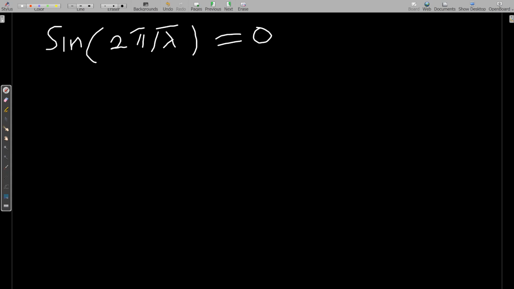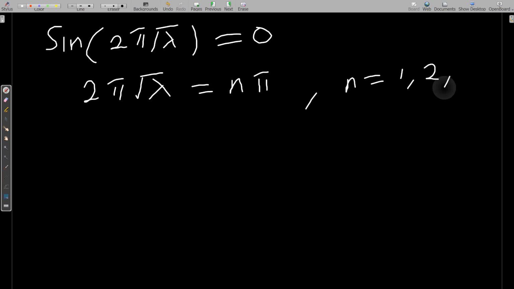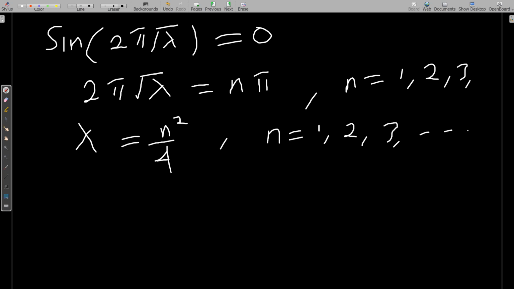And with this, we've already known that the sine inverse of 0 is actually equal to n pi, where n equals 1, 2, 3, and the rest, since you can't have lambda equals 0 here, because lambda is actually greater than 0. Now if I do my simplification, clearly I have lambda equal to n squared over 4 again, with n equals 1, 2, 3, and the rest.